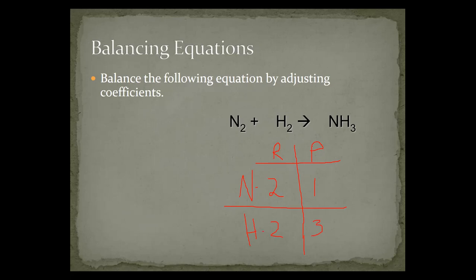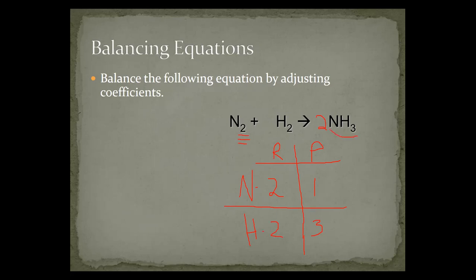So I'm going to start with my biggest one first. Can I ever use less than 2 nitrogens? No. So there's no way for me to only use 1. So what I'm going to do first is balance my nitrogens. If I put in 2, that means 2 have to come out. So I'm going to put a 2 there. Now that changes this whole thing right here.